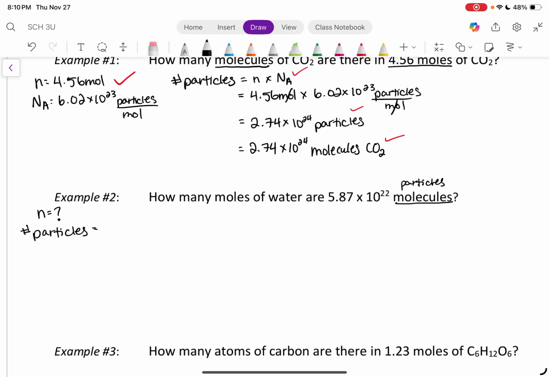So my number of particles is 5.87 times 10 to the 22 particles. And then I always know that Avogadro's number is 6.02 times 10 to the 23 particles per mole.